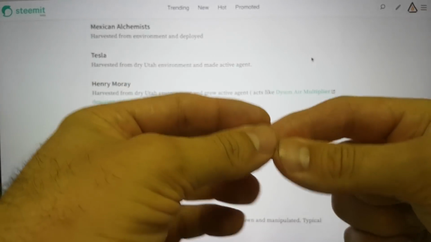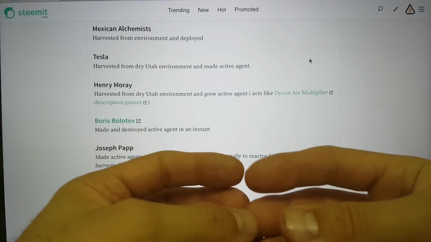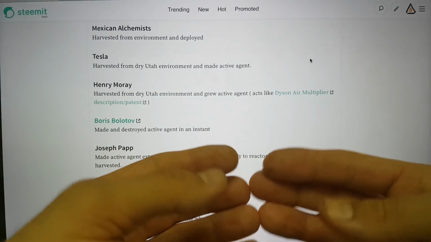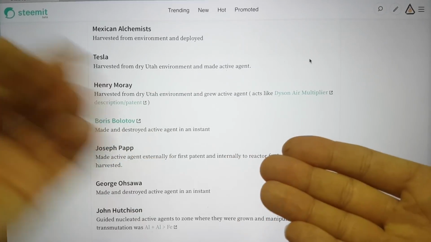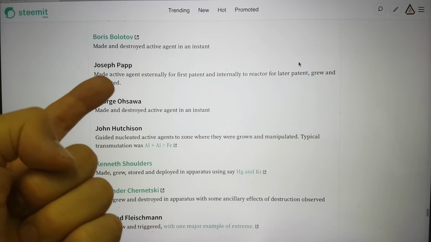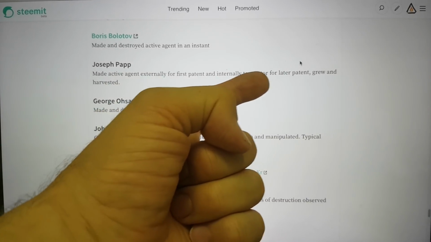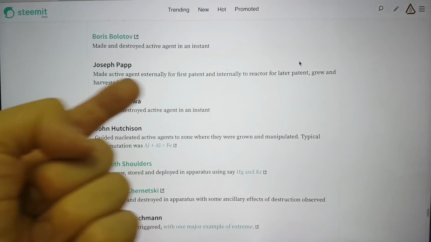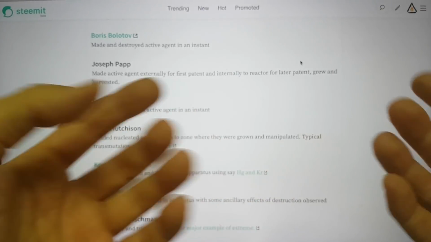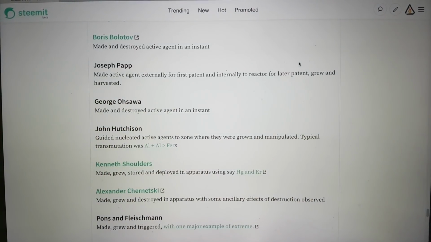When you have a discharge, given the right parameters, frequency, intensity, there are opportunities for both making and breaking the active discharge. Joseph Papp, he made the active agent externally for first patent and internally to the reactor for latter patent. He grew them and harvested them in a cyclical fashion once they were in the reactor.